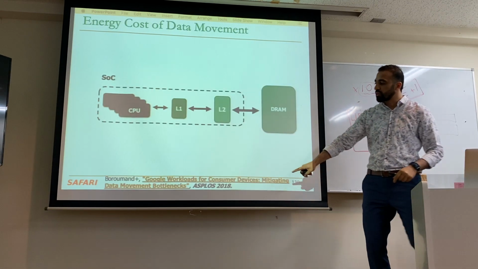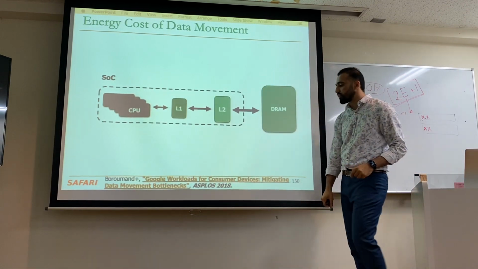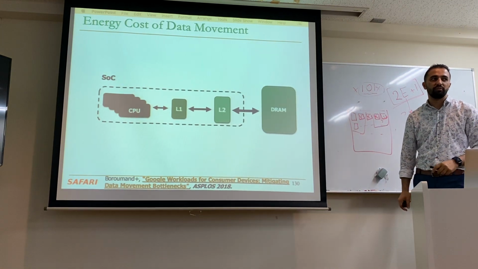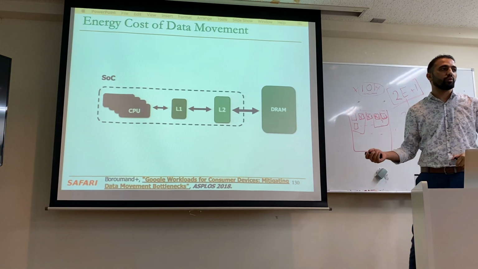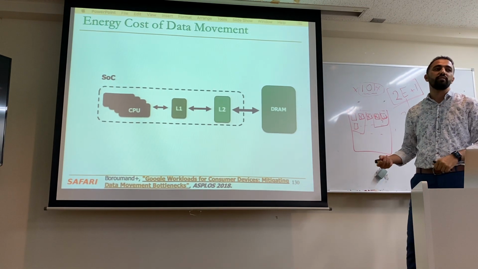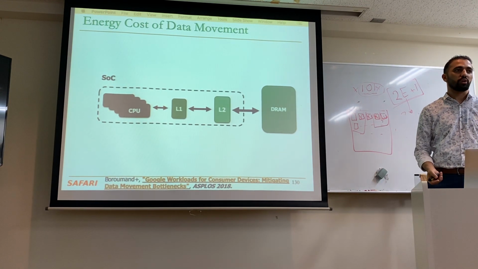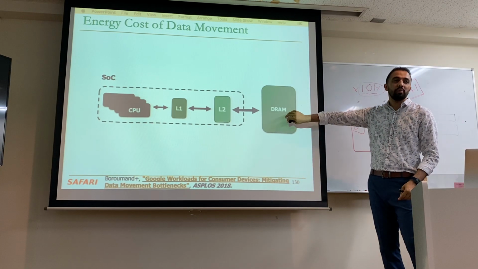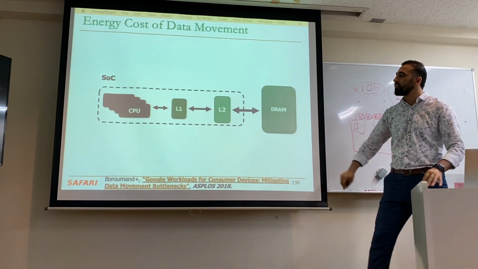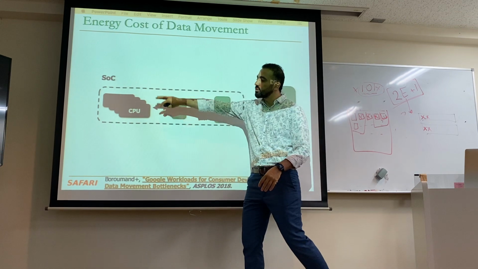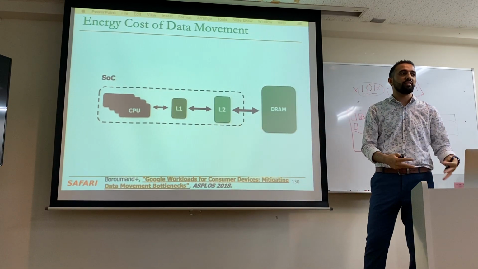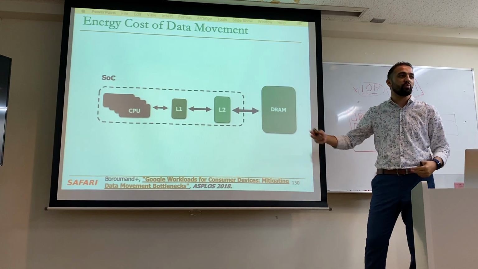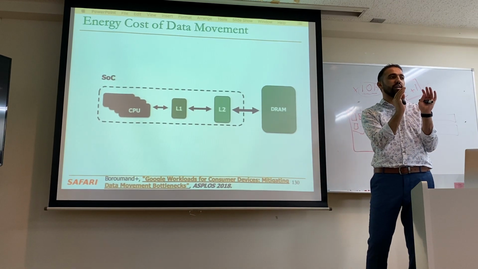And this is a paper called Google Workloads for Consumer Devices, or Mobile Devices. In this paper, they analyze, for the Google browser, Chrome, what the energy efficiency of such a workload is. And this is the main memory you have inside your computer. This is the processor chip, but it also has what we call caches, which you can think about as very fast memory, but with very small size.